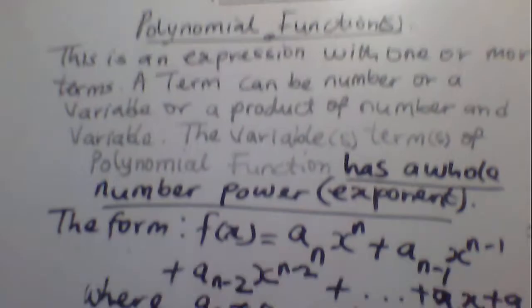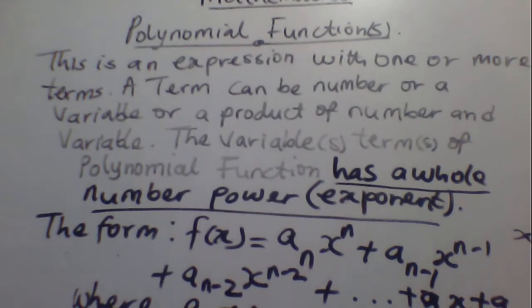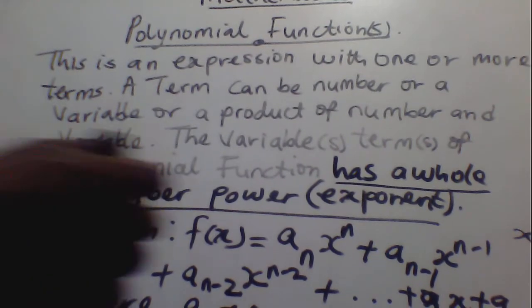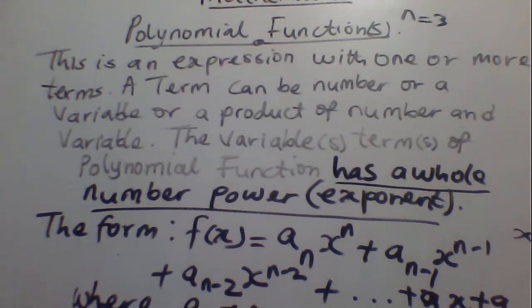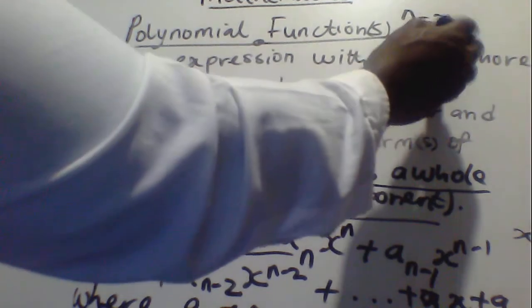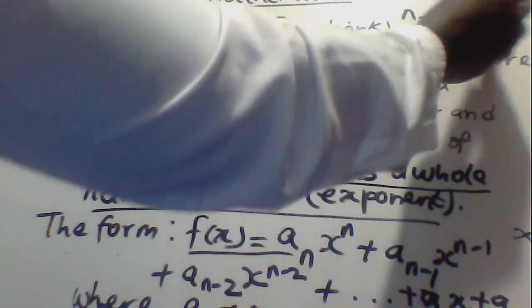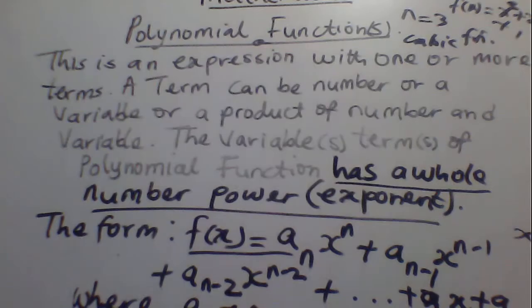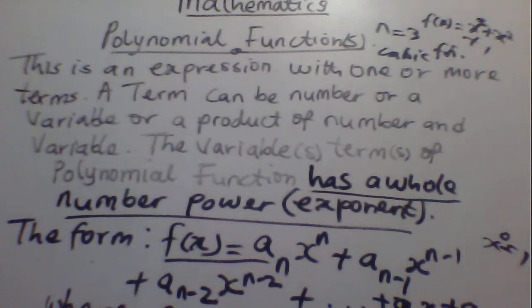We also have when n is equal to 3, we say it is a cubic function. A cubic function can be of the form x raised to power 3 plus x squared plus 1. So this is an example of a cubic function.